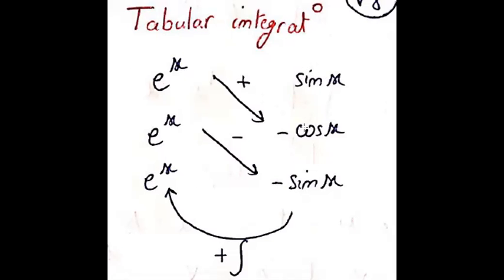So the integral of sine is minus cosine, and the integral of minus cosine is minus sine. And so we join the first to the second and second to the third, and then these two would be multiplied together and integrated.